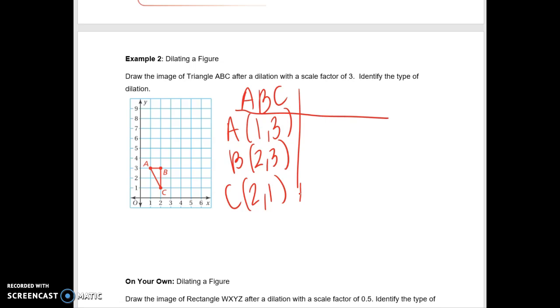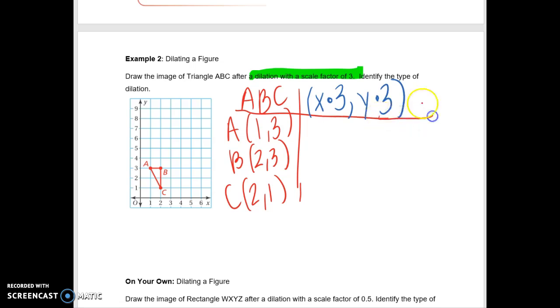So what we're going to do is they tell us right here that the dilation is a scale factor of 3. So I'm going to take my x coordinate and multiply that by 3, and take my y coordinate and multiply that by 3.